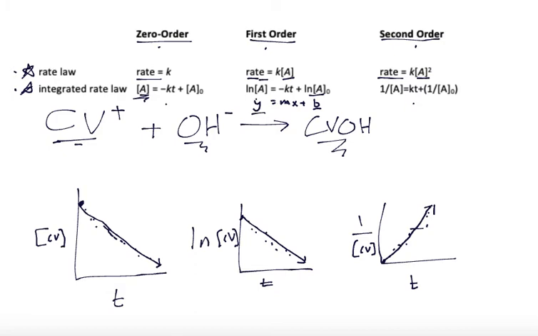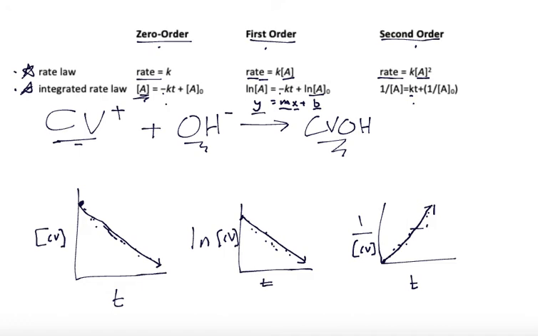Y is, at any given time, what the concentration is, x being that time at which we are measuring the concentration, and then m is going to be our slope of this line. As you can see, the slope is negative in the first two, in the zero order and first order, and positive in the second order, so they should be going down, down, and then up for the third one.